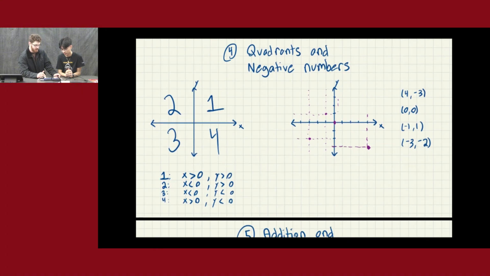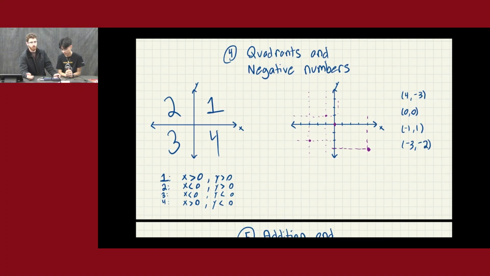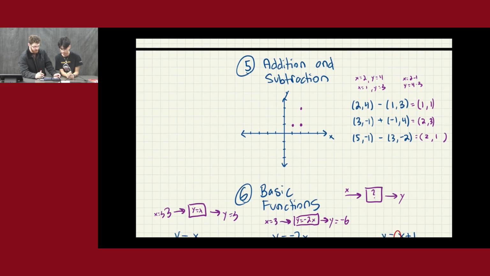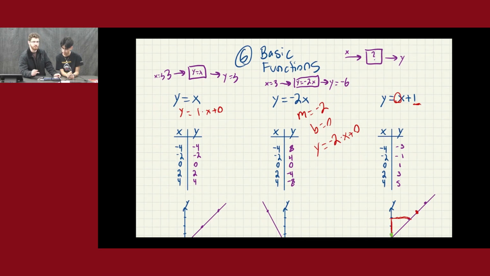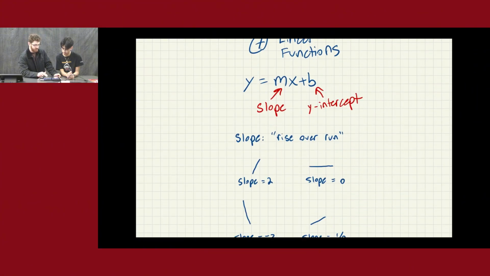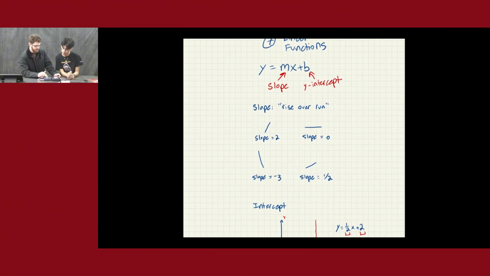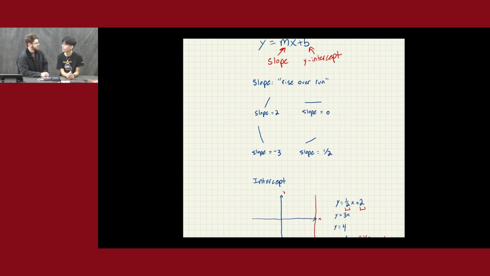Quadrants and negative numbers. The quadrants just being which values are positive and negative if it's to the left, above, below, or to the right of the origin. Addition and subtraction, just doing the first element of both of the ordered pairs and the second element of both of the ordered pairs. Basic functions, writing them out as tables. And then linear functions, where you use the slope-intercept formulation of it.